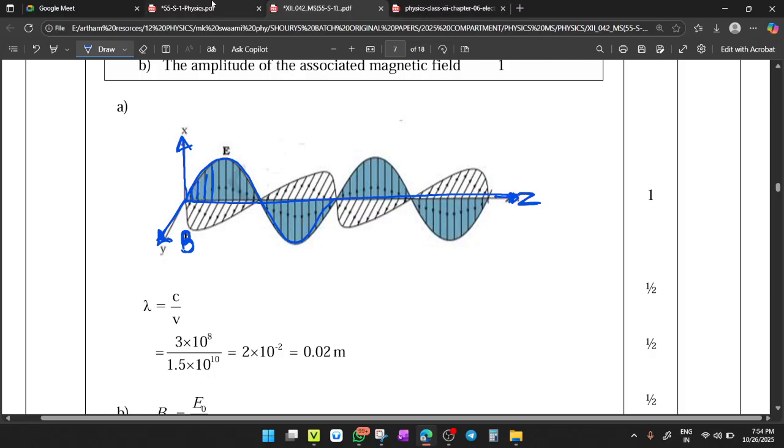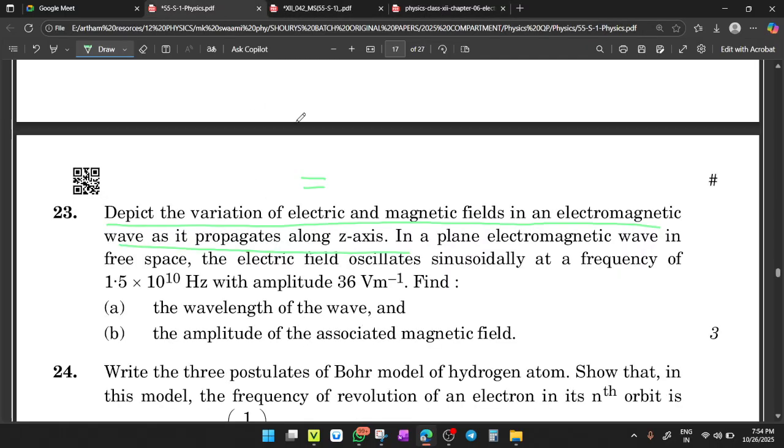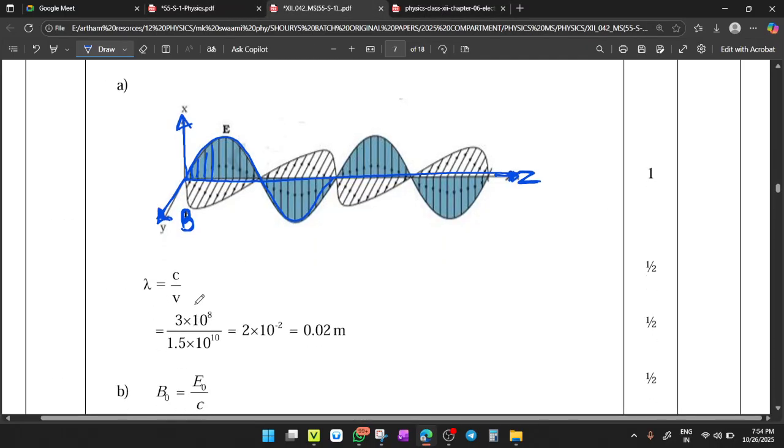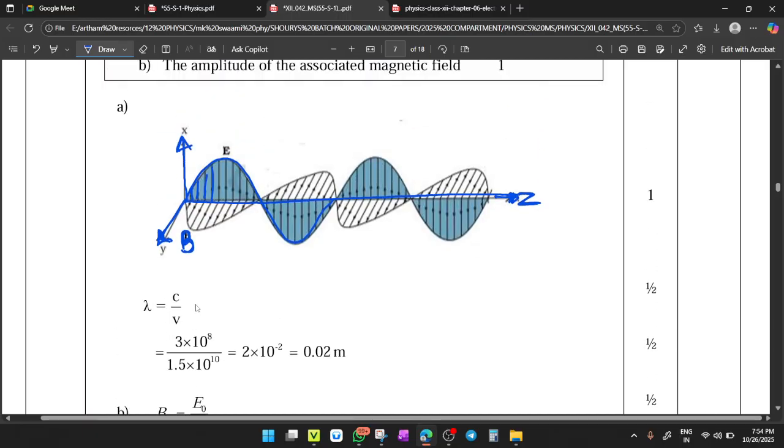Now the second question is to find the wavelength of the wave. You may know the formula. In the previous class, I told you: v equals nu lambda, so C equals nu lambda.